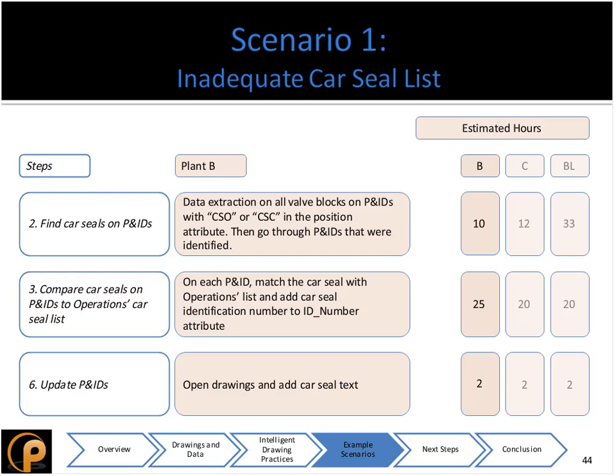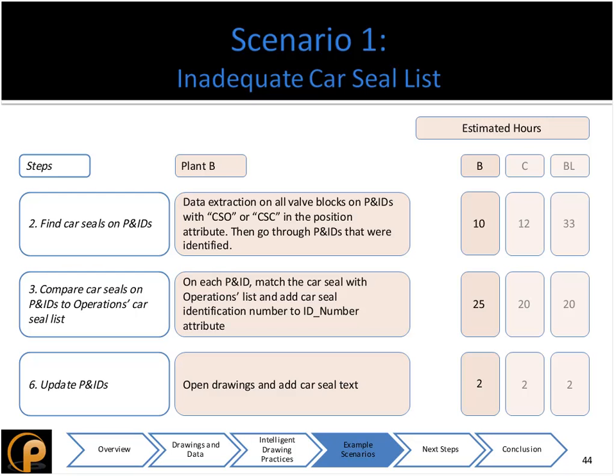So the second, or the middle step on this slide, I actually have an increased time estimate, because what I want to do now is I have that ID number attribute in my valve block. I want to use that for my car seal numbers so that in the future, you can just compare your operations car seal list straight to your P&ID ID number attribute.